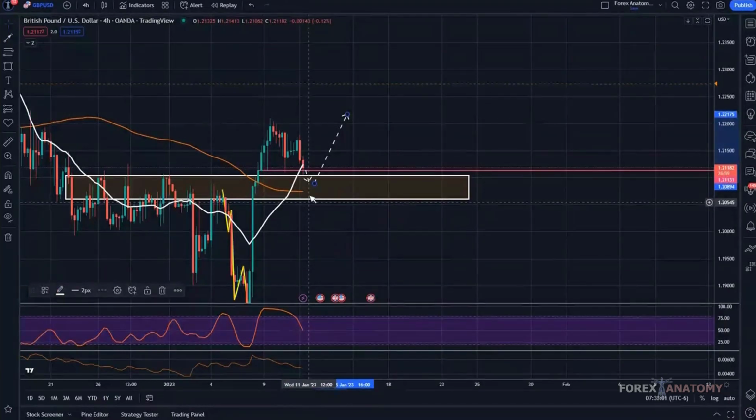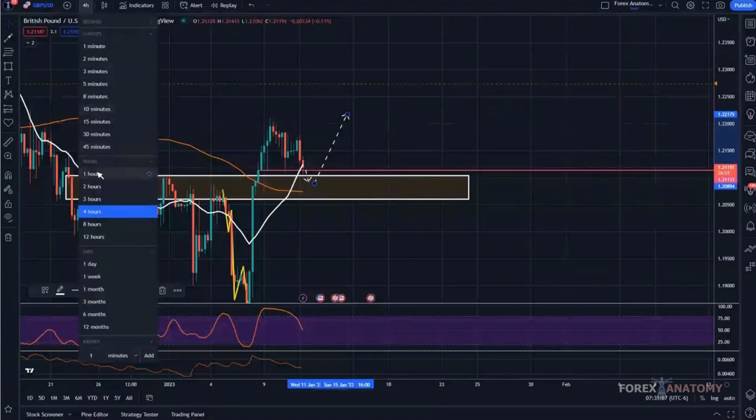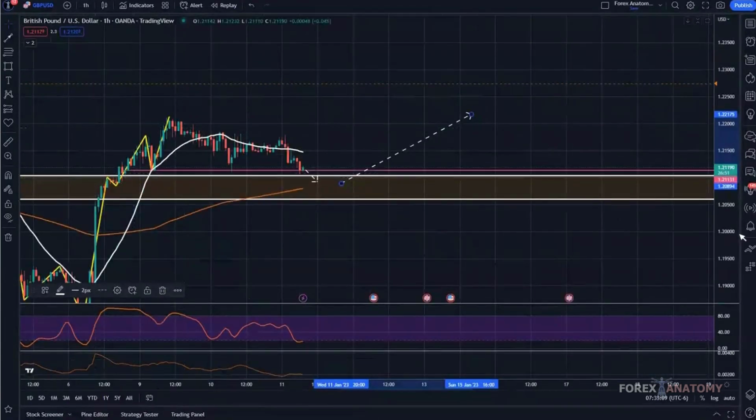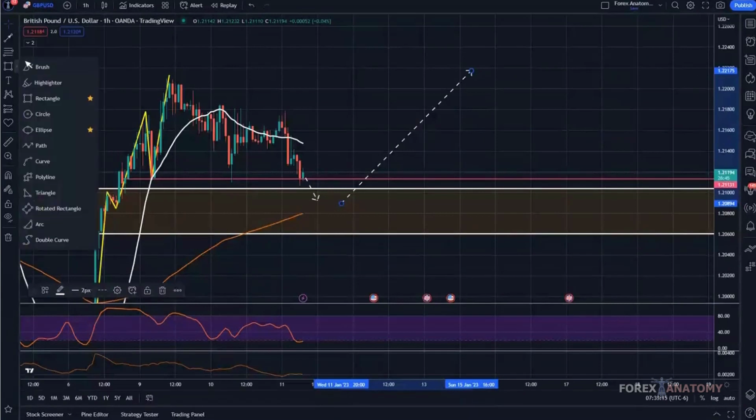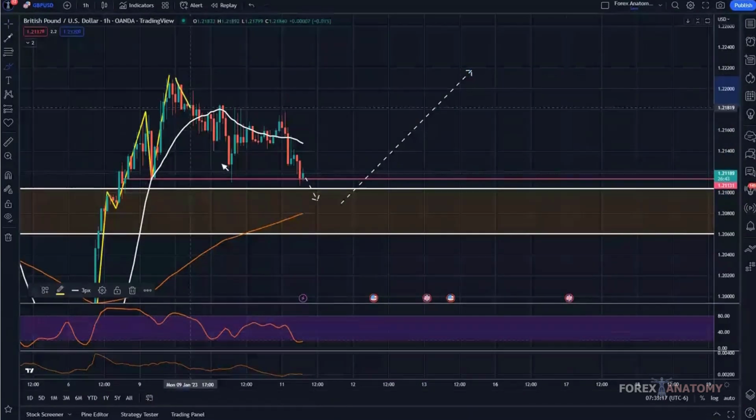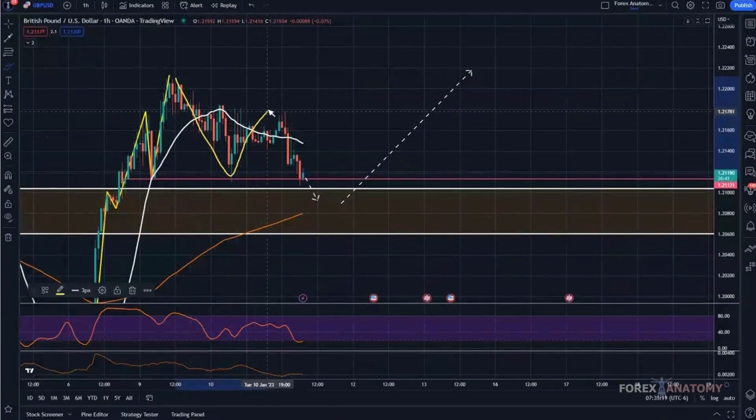Remember, this is on the 4-hour chart, and we do see price testing this zone with a 3-wave pullback. We see a leg A, leg B, and leg C down here. So there's a possibility we could see price work its way to the upside, or a potential reversal.